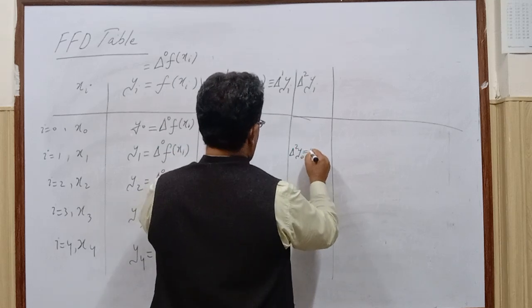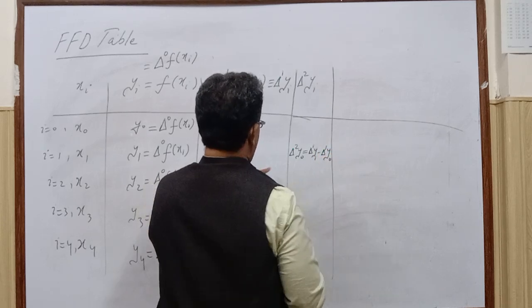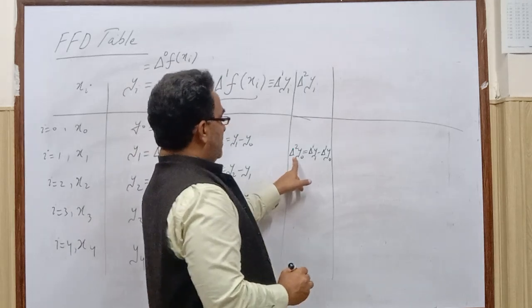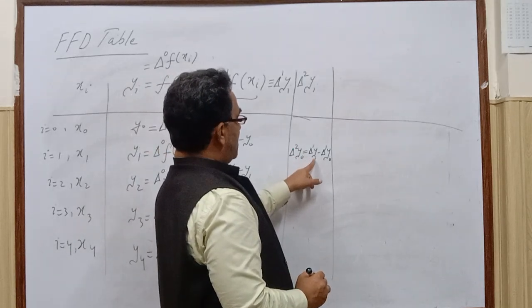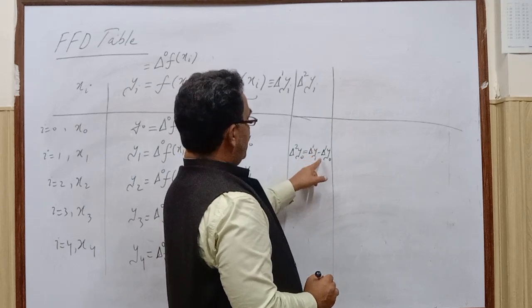The second forward finite difference is the difference of two first forward finite differences.